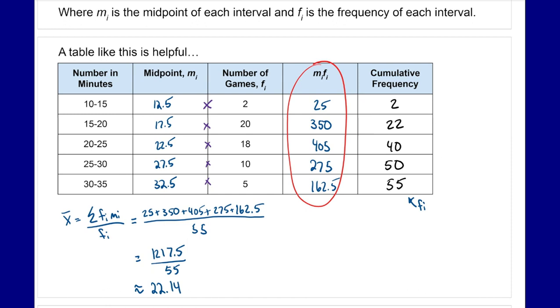So because I'm looking for the 28th, it wasn't in the first two intervals. It has to fall within the third interval because my cumulative frequency is greater than the data point I'm looking for. So the 28th data point is in this interval.